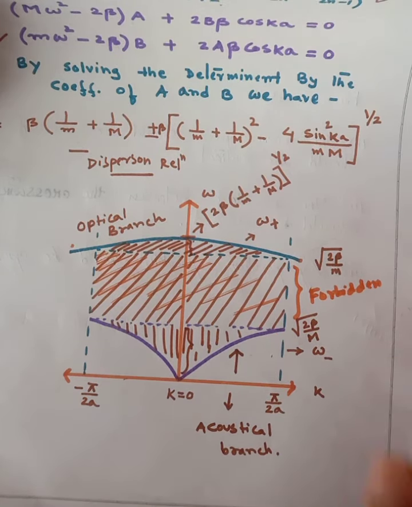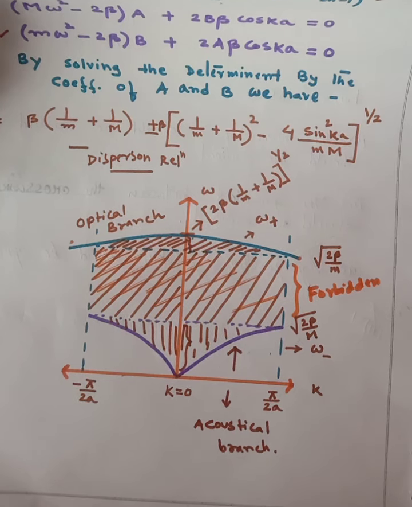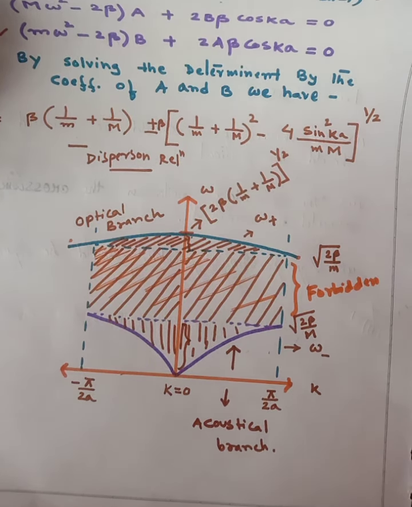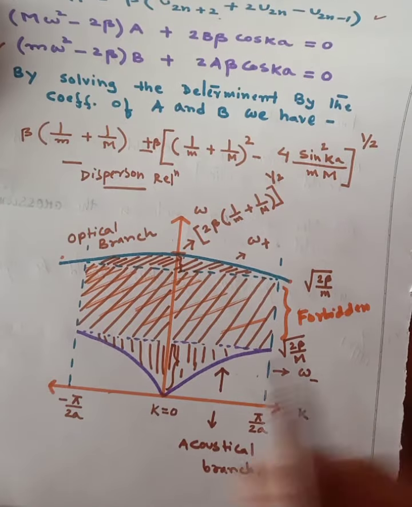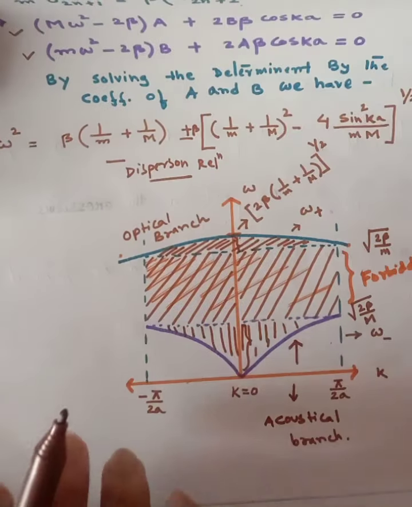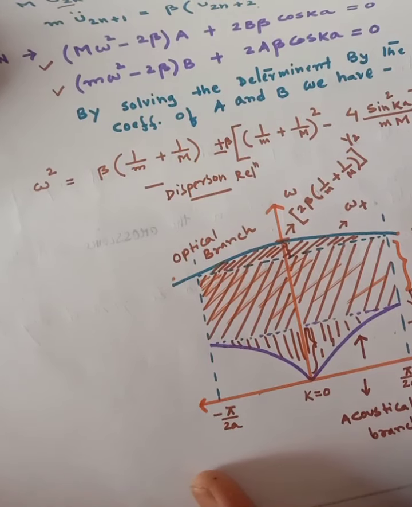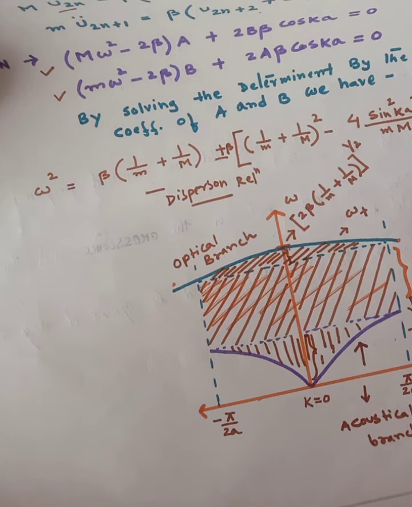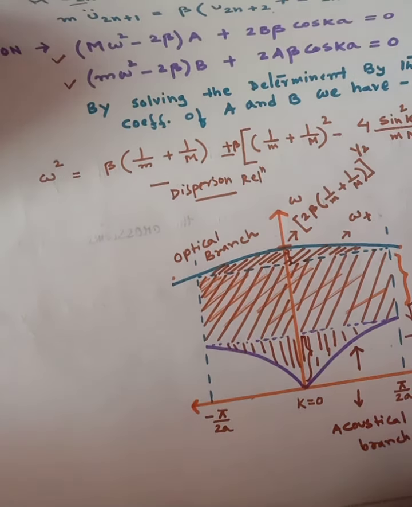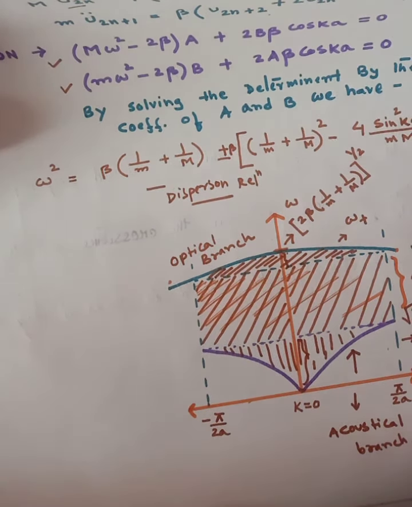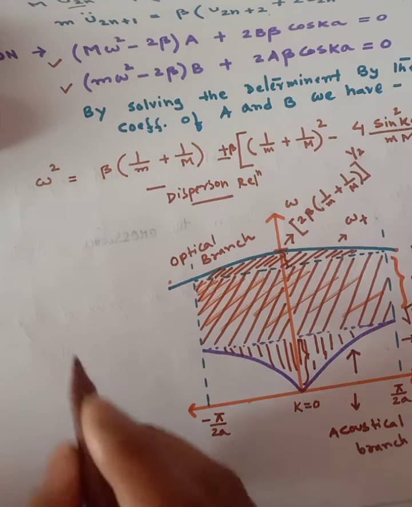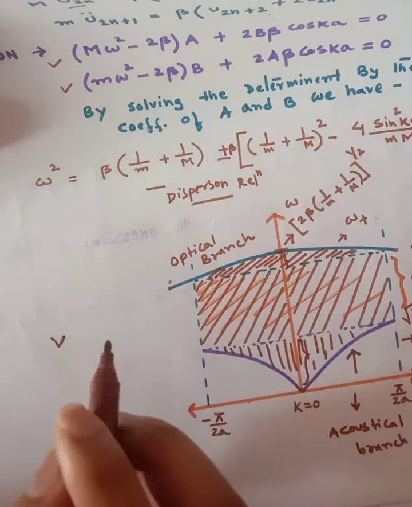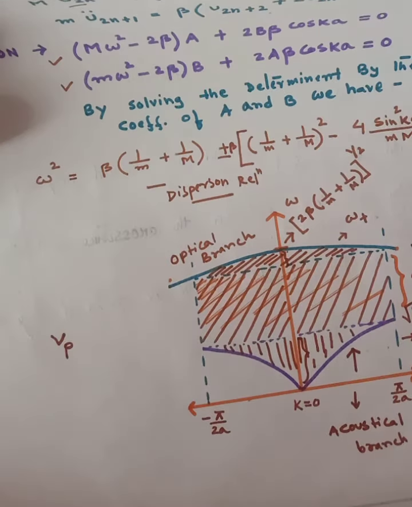Now the question arises: what is the utility of the dispersion relation? With the help of the dispersion relation, we can calculate the maximum possible frequency in any lattice vibration. Also, we can calculate the group velocity and the phase velocity. We know that the phase velocity is represented as Vp.